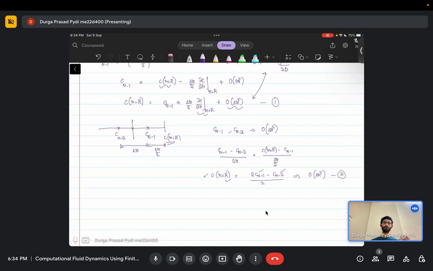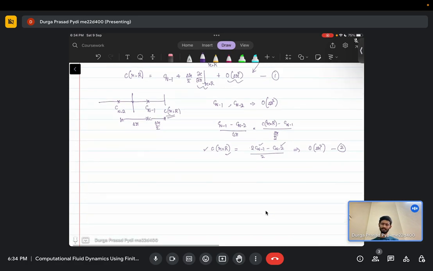When you compare with more refined solutions, equation 2 is found to give more accurate results. The idea here is, in order to determine the value at the boundary, you are just using one cell. Instead, if we use more cells, we will get more information, and more information will be incorporated into it, so that it will be more accurate compared to the other ones.